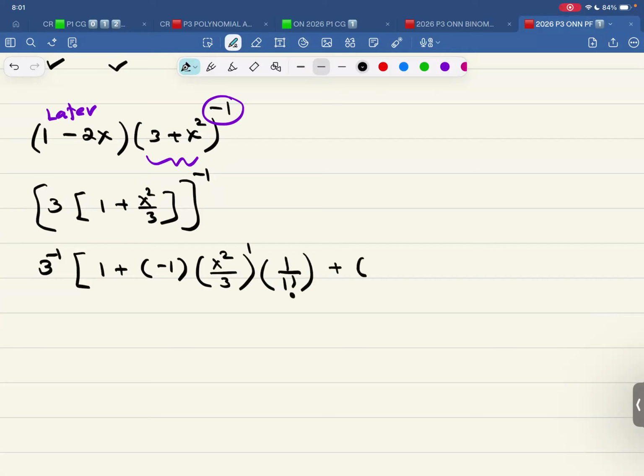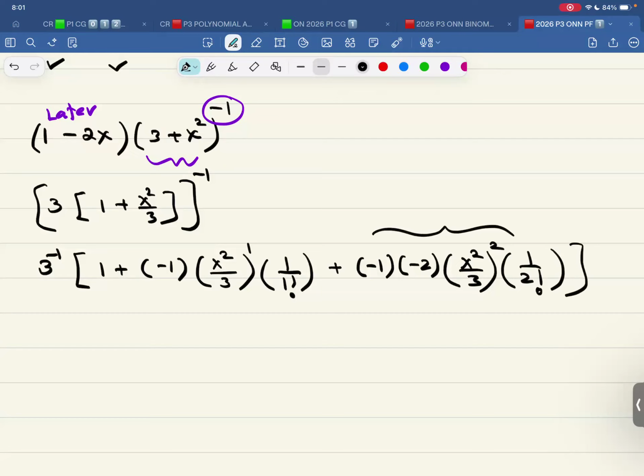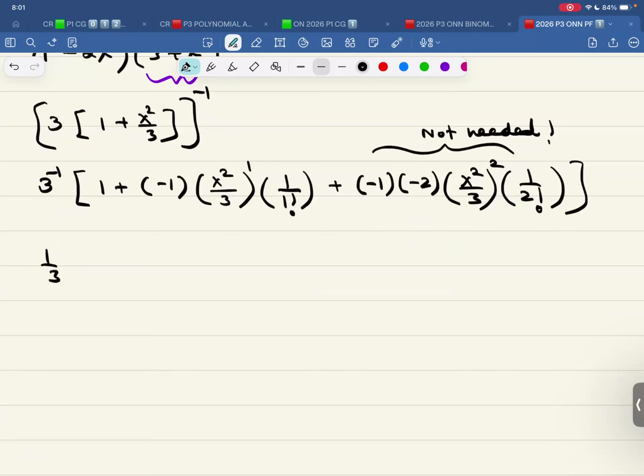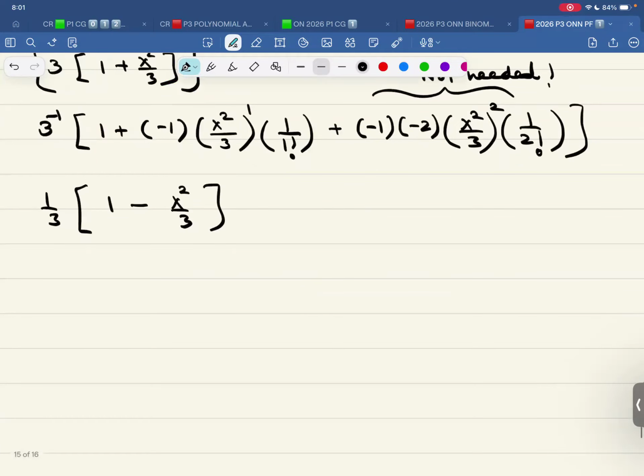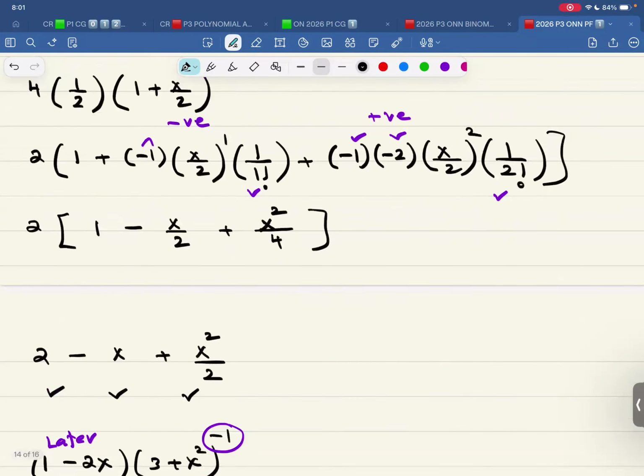And the other term, negative 1, negative 2, (x squared over 3) raised to the power of 2 divided by 2 factorial, is not needed because this will be x to the power 4. So now this is 1/3 times (1 minus x squared over 3), which is 1/3 minus x squared over 9. This thing is done. Now let's gather the forces.